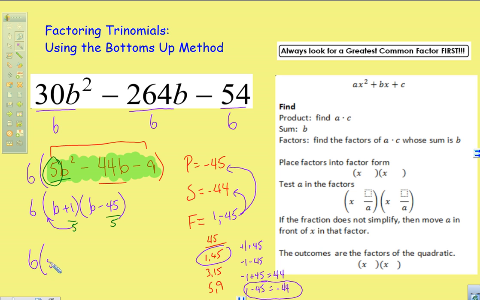That becomes 5b plus 1. b does go into 45, so that gives me b minus 9. Alright, and there's my factors for this particular trinomial or polynomial, however you want to call it. And that'll wrap us up. Thanks.